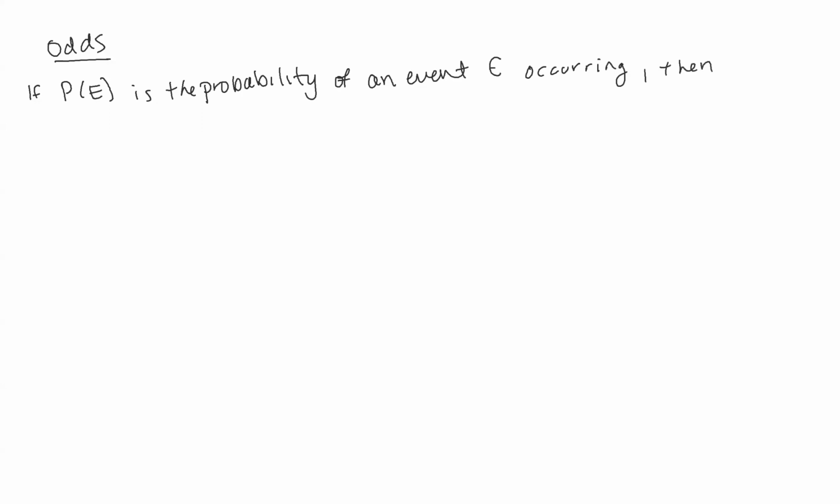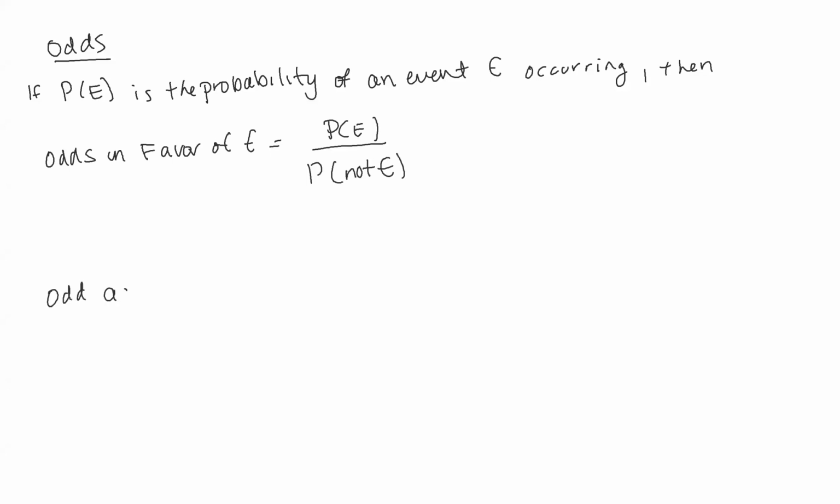The odds in favor of E would be the probability that E occurs divided by the probability that E does not occur. And then you could have the odds against E, and that's going to be the probability that E does not occur divided by the probability that E does occur. Okay, so we need to look at some examples of this.